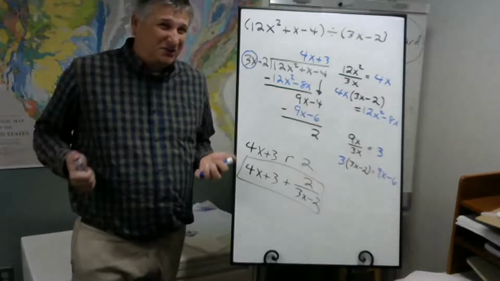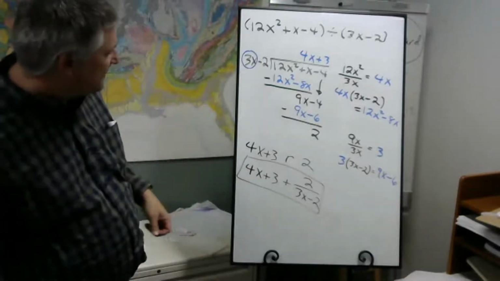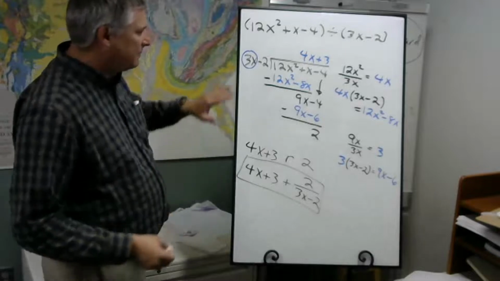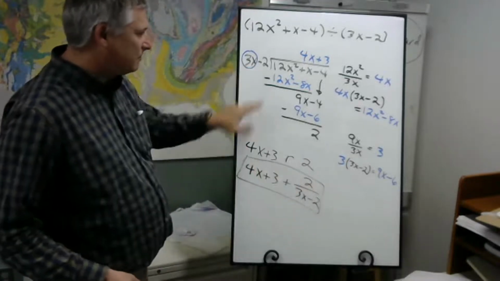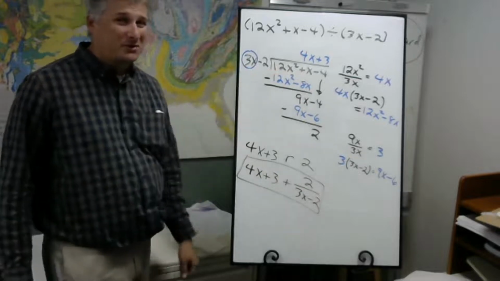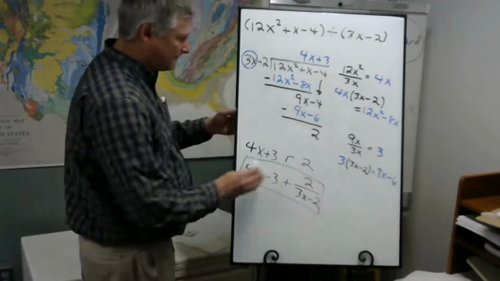Now, does this actually work? Well, what this says is this. If we take 3x minus 2 times this, we should get the original equation back. Well, let's see if we do.